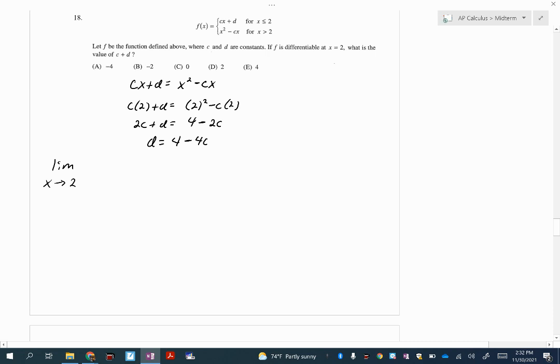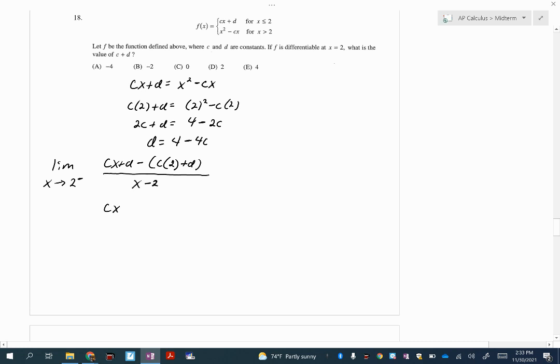of x approaches 2 from the left, it has to be the same as the limit as x approaches 2 from the right. So this is where I'm going to use the function on the left, which is cx plus d, minus, when I plug in 2 for x, c times 2 plus d, over x minus 2.